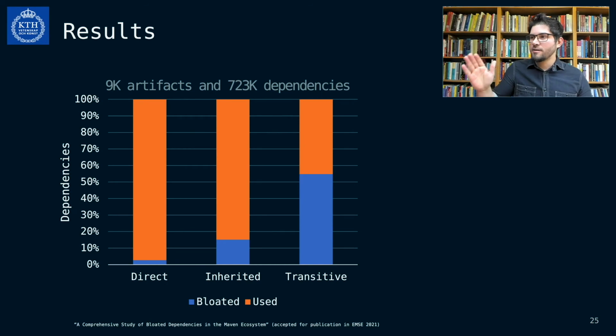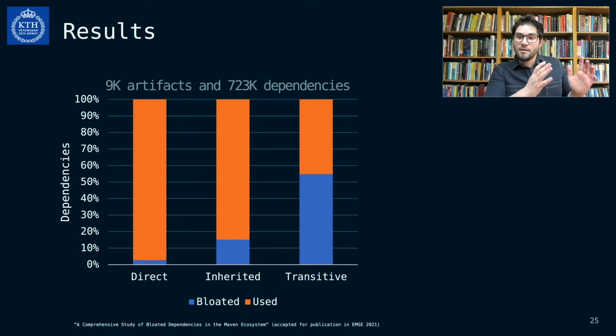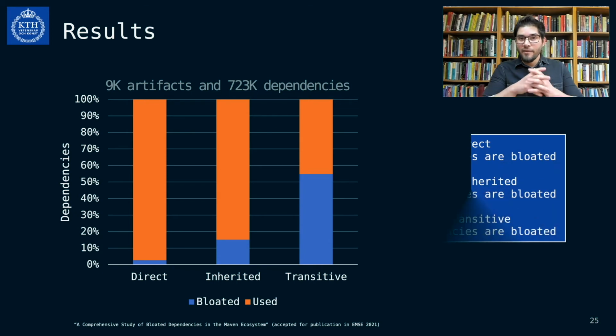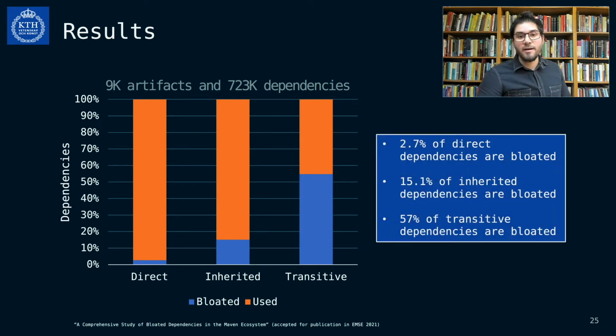This bar chart summarizes the results obtained. Each bar represents the percentage of dependencies of each type, direct, inherited, and transitive, that are bloated in blue or used in orange. The key result from this figure is that 2.7% of direct dependencies are bloated.